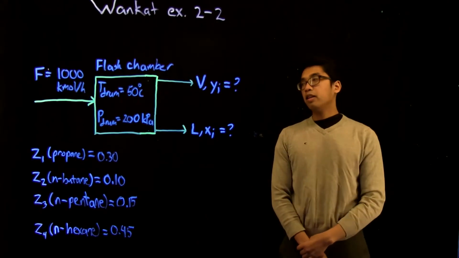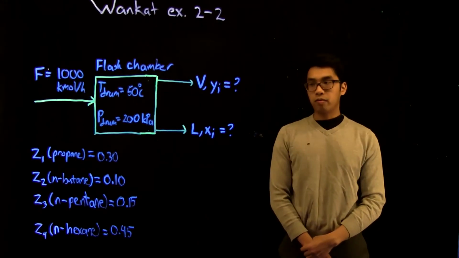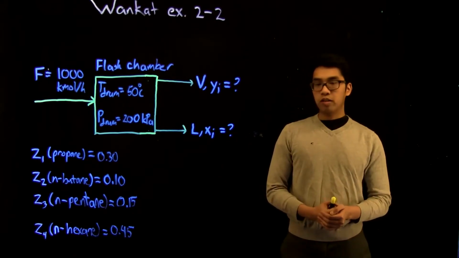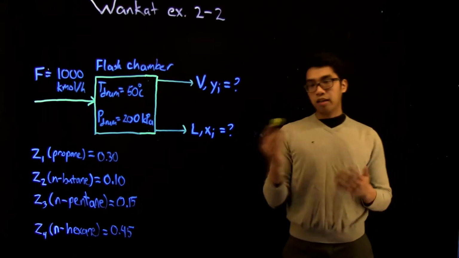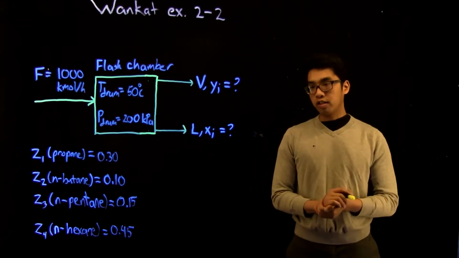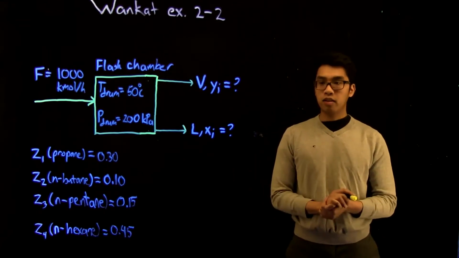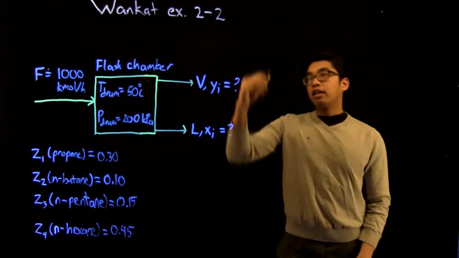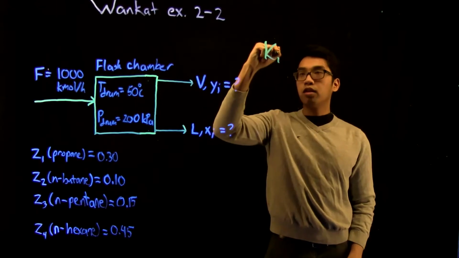The first part is to calculate the equilibrium relationships. Since this is a multi-component mixture, we're going to be using K values. K values can, of course, be calculated from using a DePriester chart or the correlations that come from the DePriester chart. So when we do that, we'll find that K1 is equal to 7.